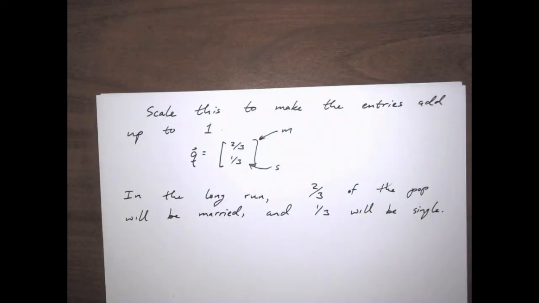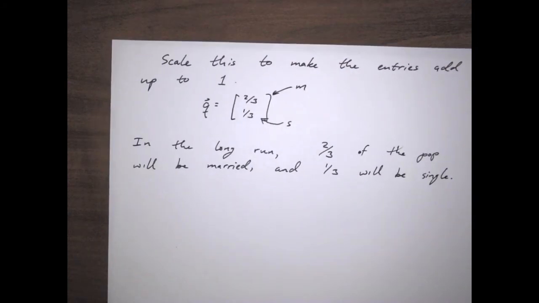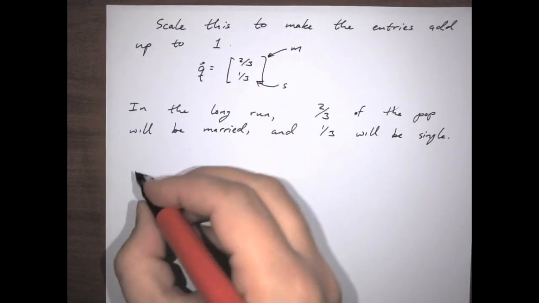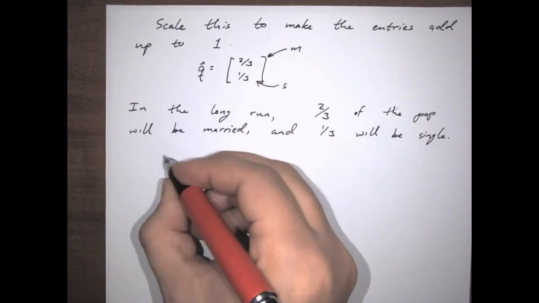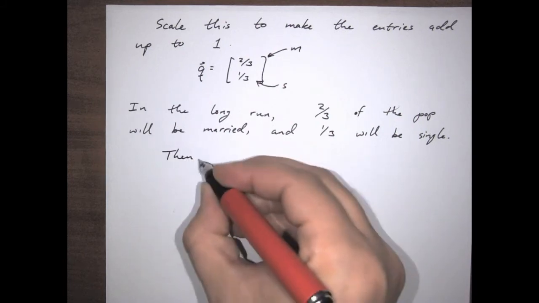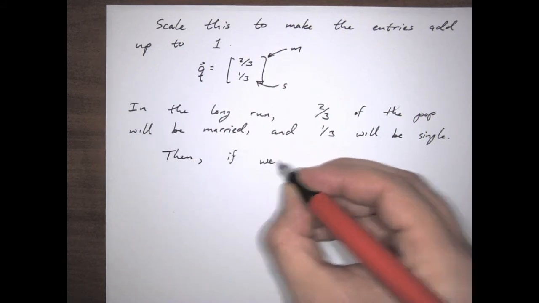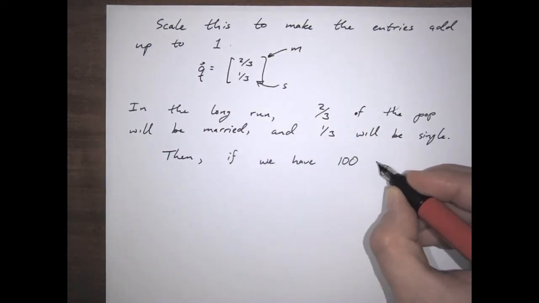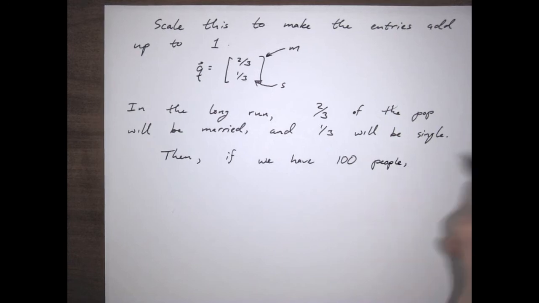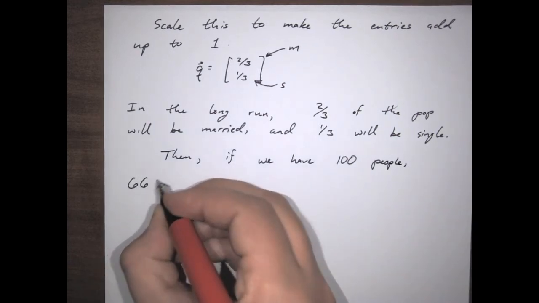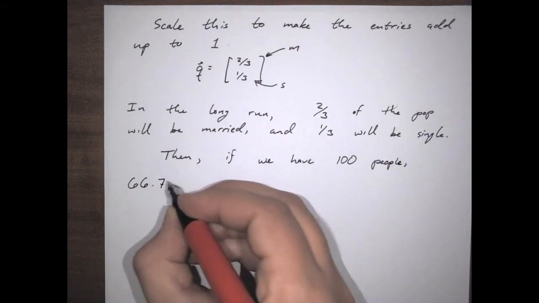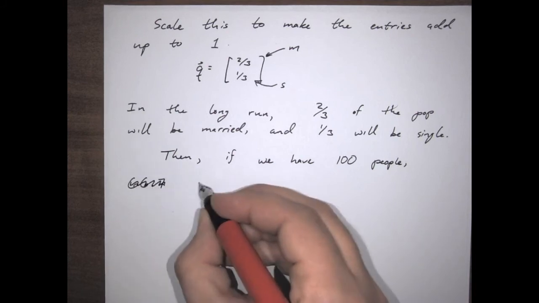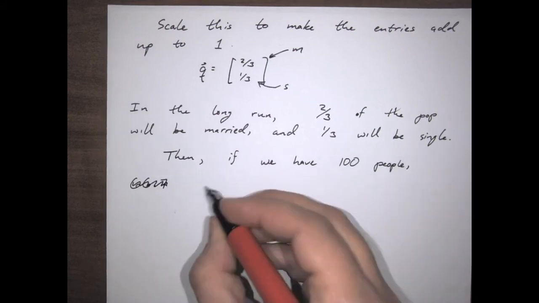And what that means in terms of actual people, so for our population of 100 students, if we wanted to actually scale it according to that, then we have 100 people, 66.7, or let's just round it to the nearest person, because after all, we're saying it discretely.